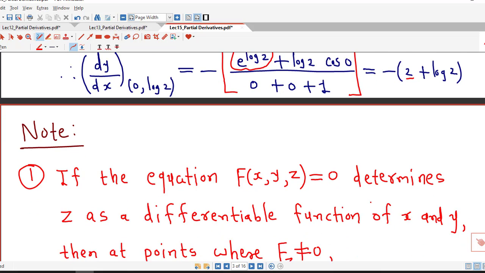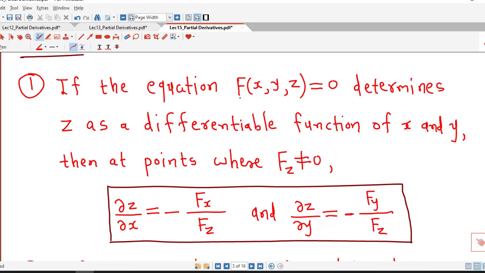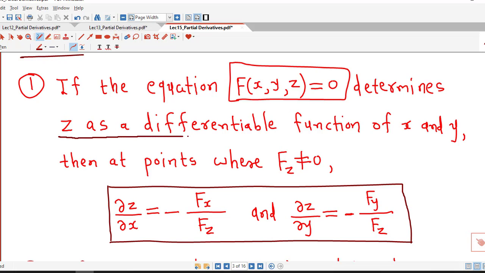Now before going for another examples, we make one remark. We have seen this formula in previous lecture. If we have implicit relationship between the three variables x, y and z, and suppose this relationship defines z as a function of x and y, then at points where del f by del z is non-zero, del z by del x is given by minus fx over fz, and del z by del y is given by minus fy over fz.